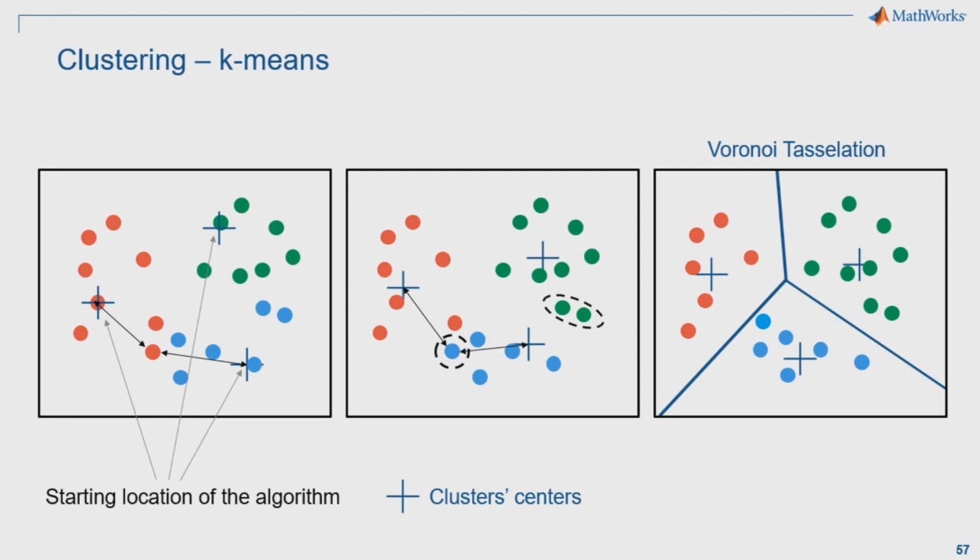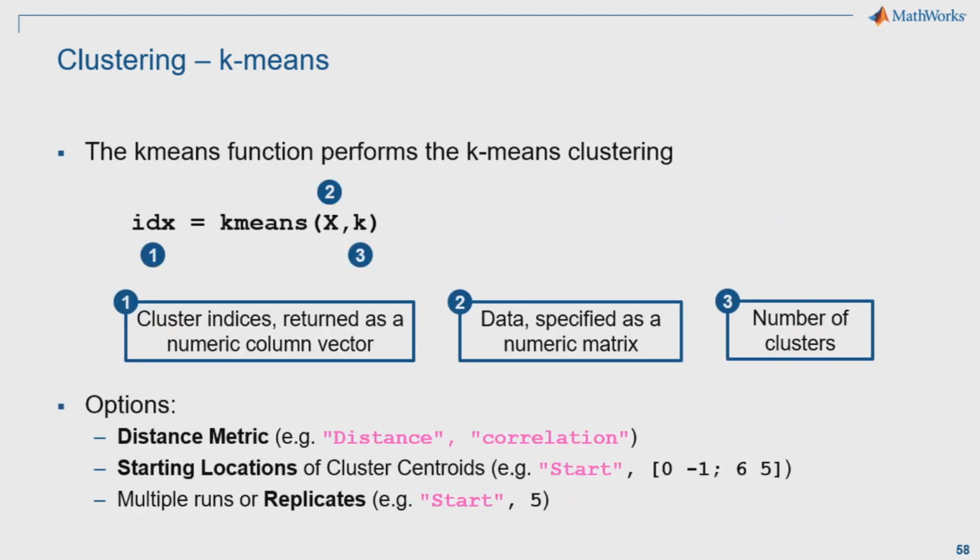So essentially, they give you a representation for each point in space, to which cluster they would be assigned. In MATLAB, you can run the k-means algorithm using the k-means function. In particular, the inputs taken by the k-means function are, again, the data matrix with the convention that I told you, and the number of clusters.